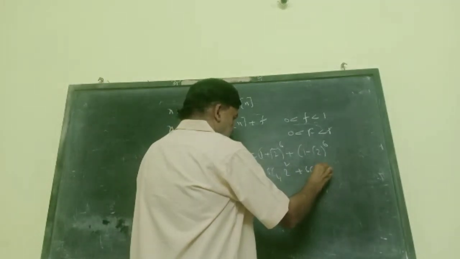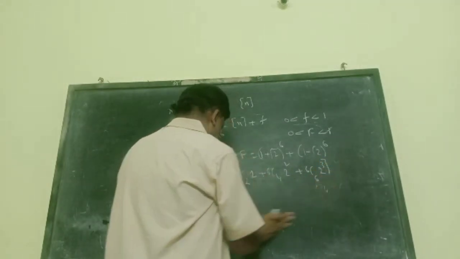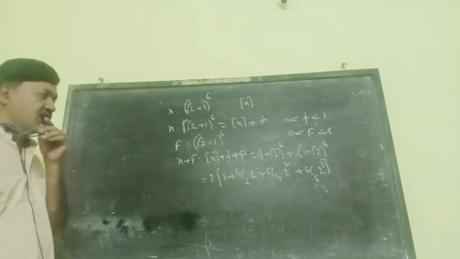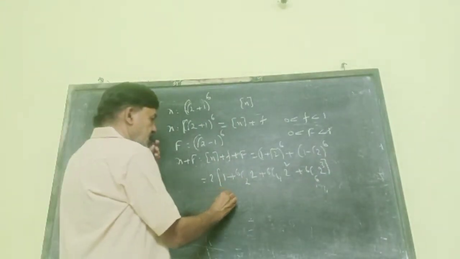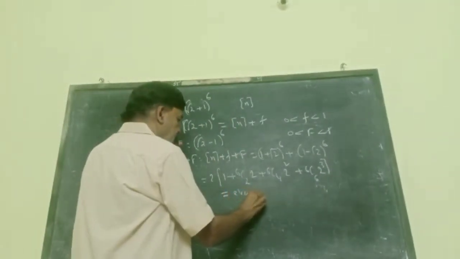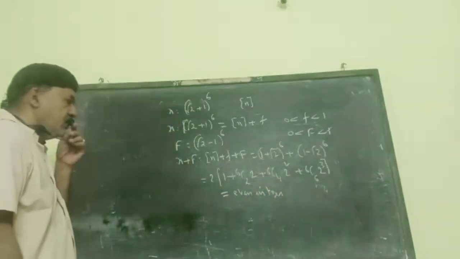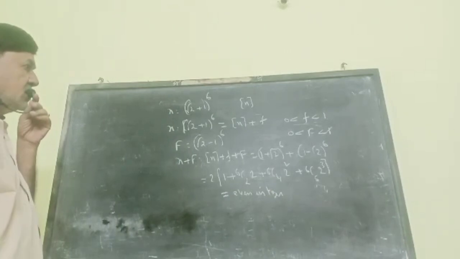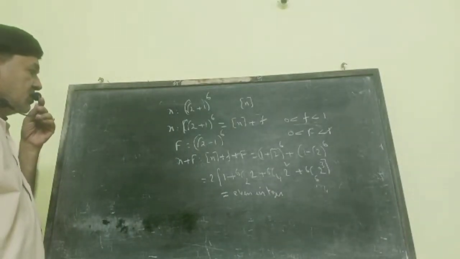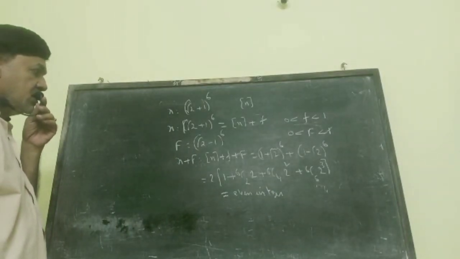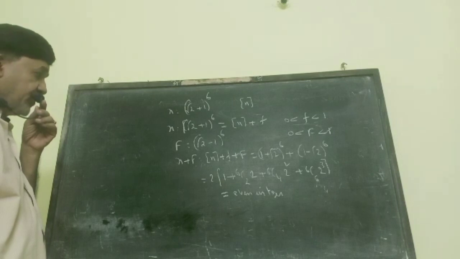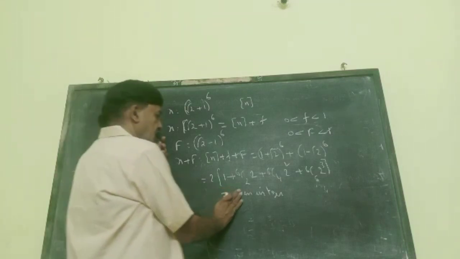6c6 2 cube we will get. Correct? You are going to get like this. So this is nothing but even integer. Yes? Understood? So the entire thing is nothing but even integer for us. So you can easily calculate this.